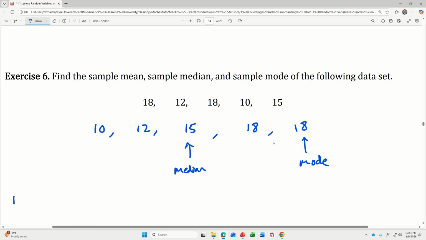And then for the mean, you would add up these numbers and divide by 5. 25 plus 30 is 55. 55 plus 18 is 73. 73 divided by 5, I don't know, you get the idea. I'm sure you've all taken an average before.